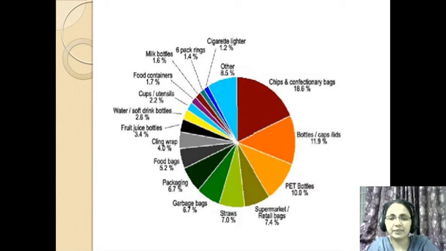Here we can see a pictorial diagram of how the different kinds of plastic materials account for plastic pollution.